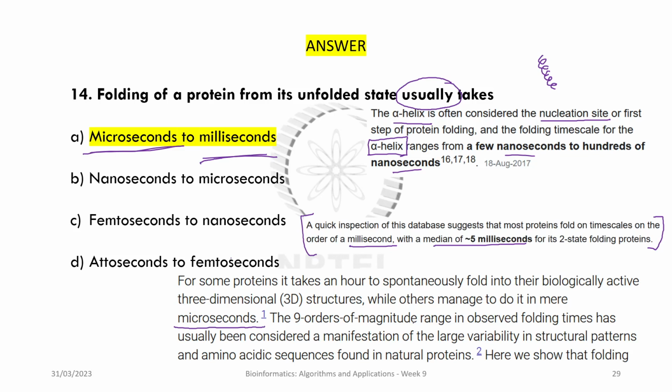The nine orders of magnitude range in observed folding times has usually been considered a manifestation of the large variability in structural patterns and amino acid sequences found in natural proteins. So, this nine orders of magnitude, microseconds to hour, but hours is not usual, right? The option is A.